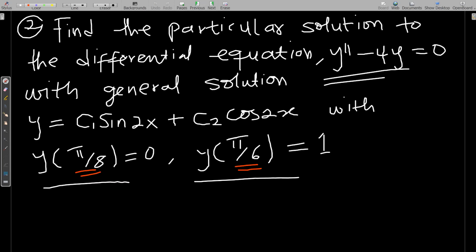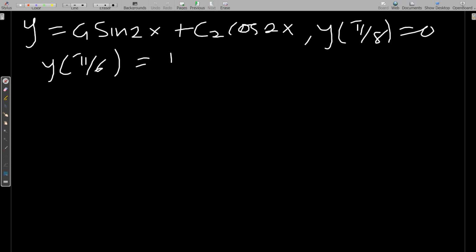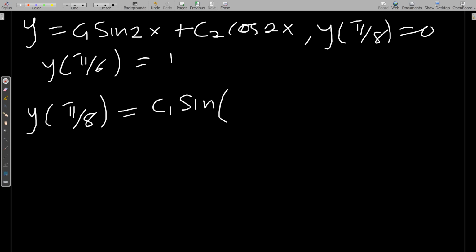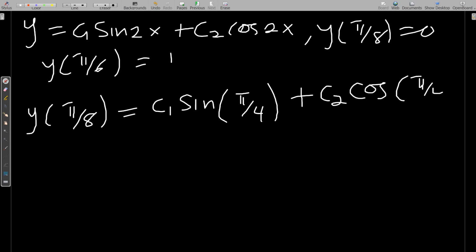So what happens here is that first of all you find y of pi on 8, and this is equal to C1 sine of 2 times pi on 8. Wherever you see x, you put pi on 8 there, and 2 times pi on 8 will give me pi on 4, then plus C2 cos of pi on 4.